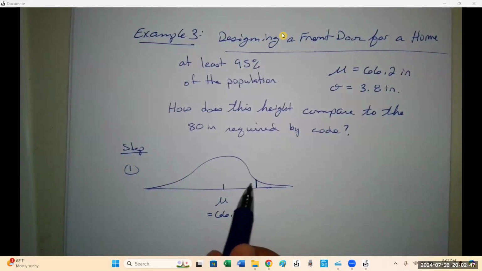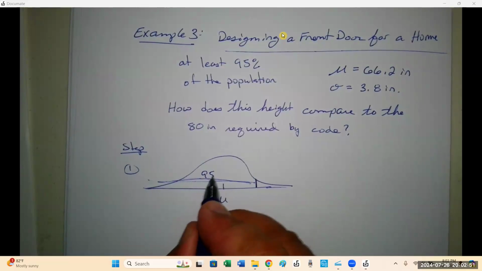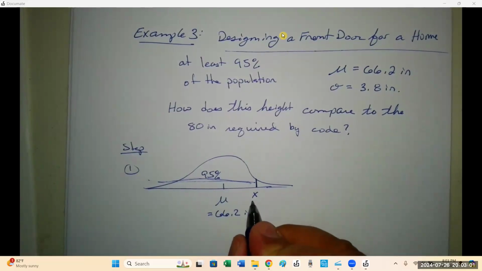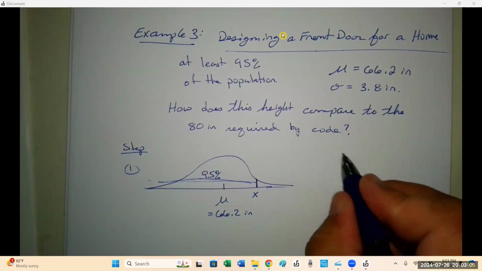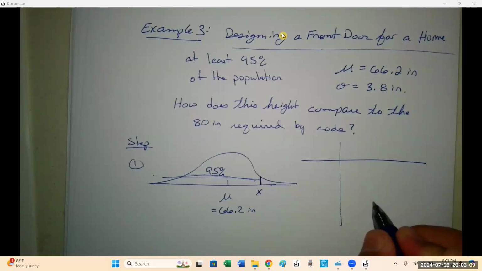So we have to find what number is 95% of the population. That's going to give us this value. So in our Z table, look for whatever is closest to 0.9500.